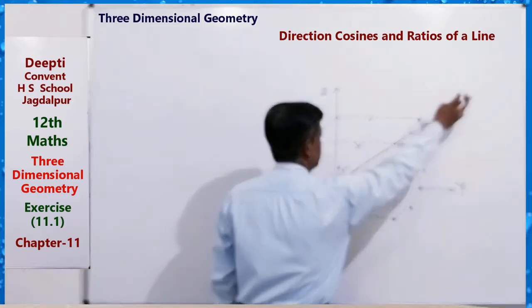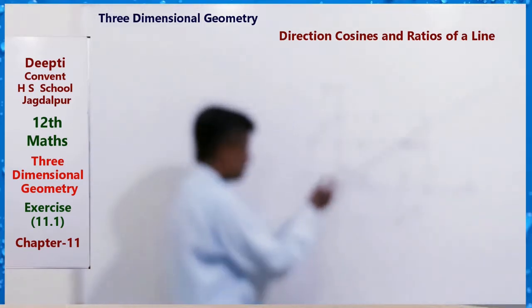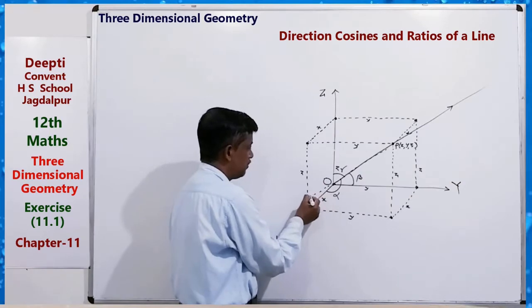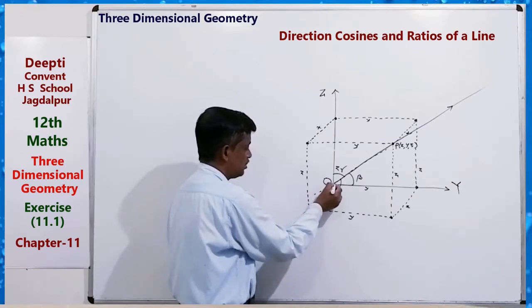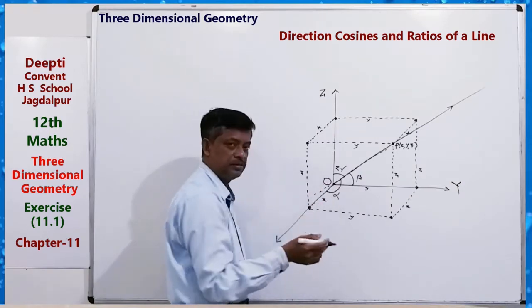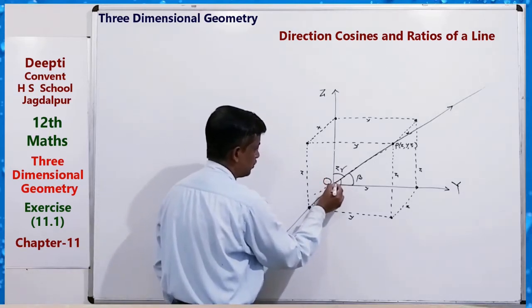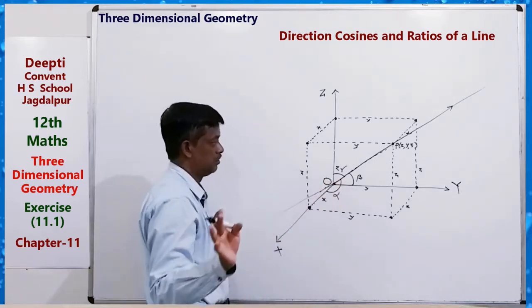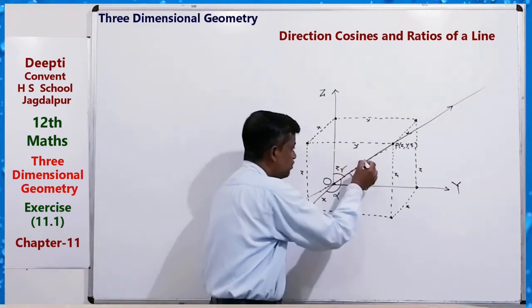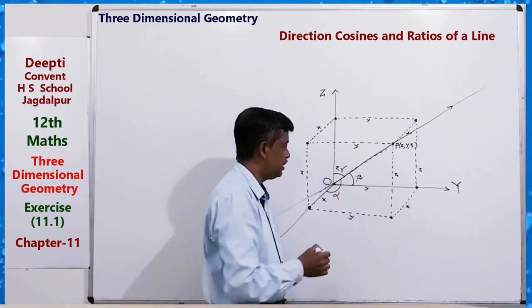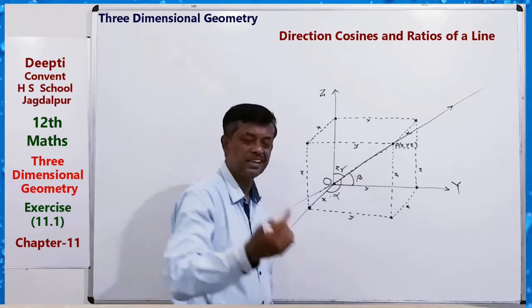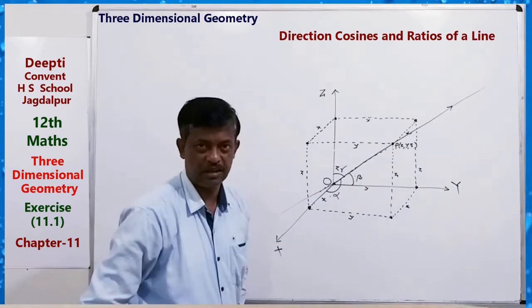Suppose this line, passing through the origin, this is a line, okay, passing through the origin, makes angles alpha, beta, gamma with the x-axis, y-axis, z-axis direction.